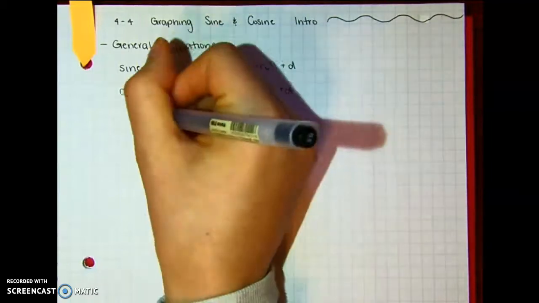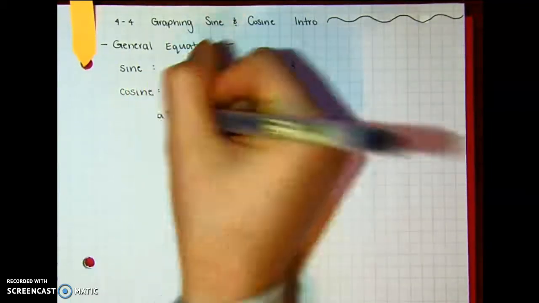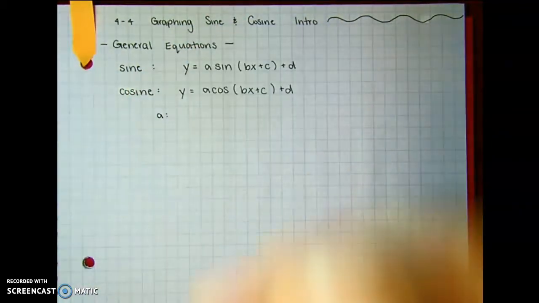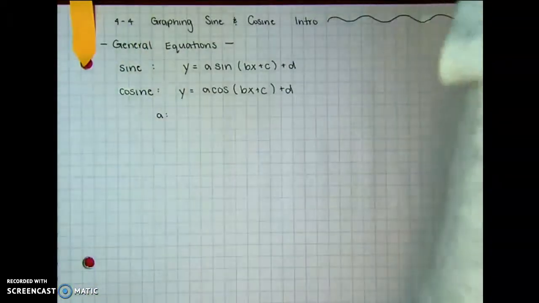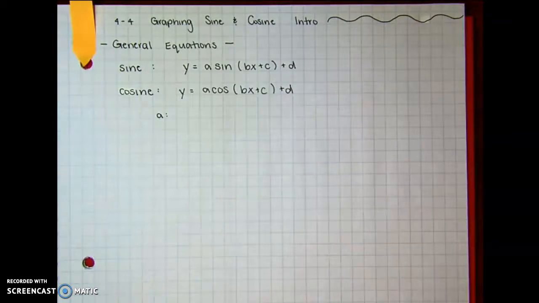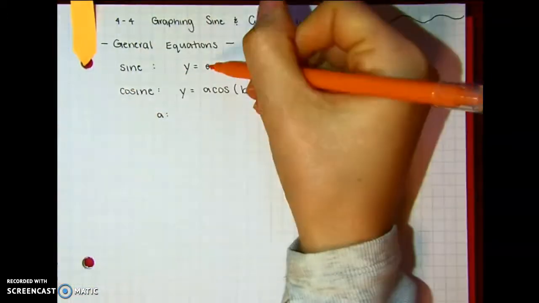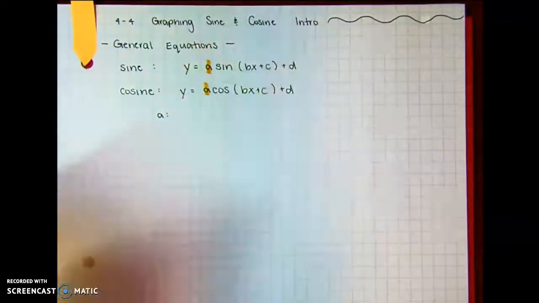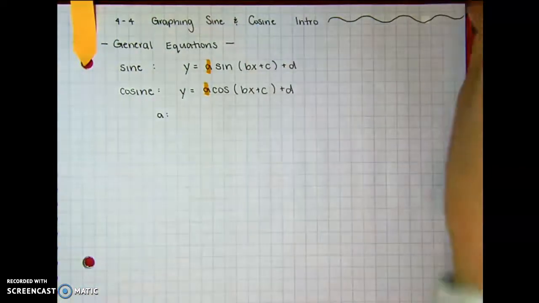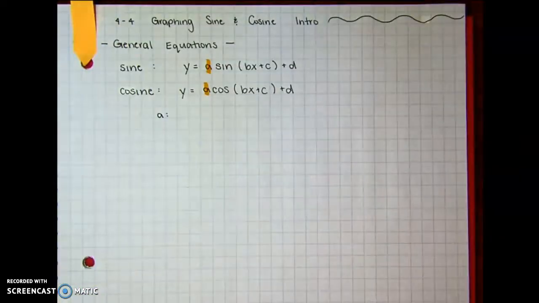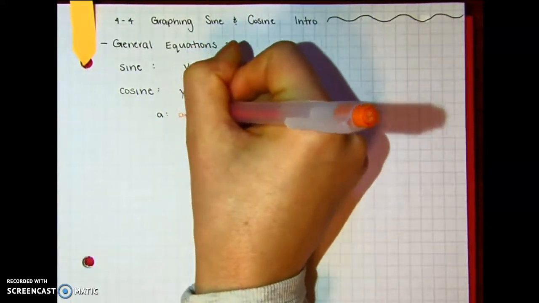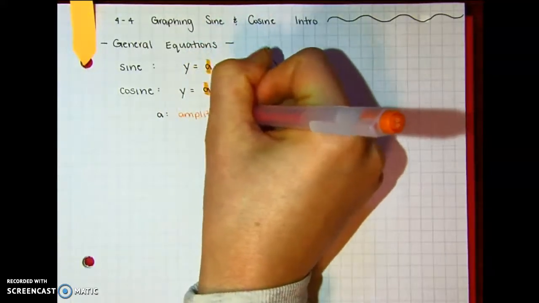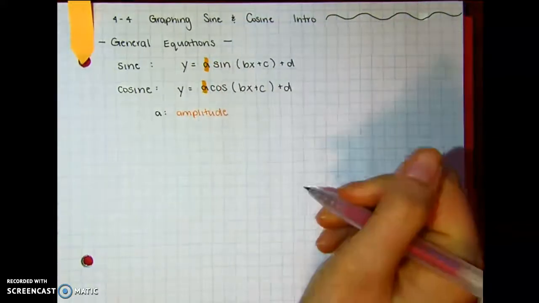So A, you might be thinking vertical dilation, and you're not wrong. But sine and cosine are unique functions that have their own kind of vocab set. So A is also going to be the amplitude.